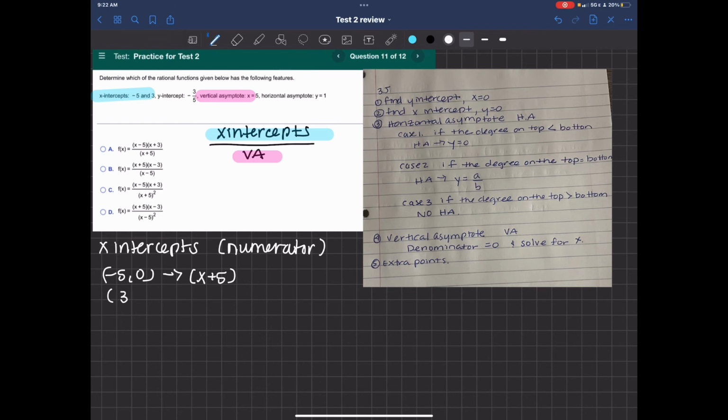Next one is x is 3, 0. So that means I get x minus 3. So in my numerator for f of x, I have x plus 5, x minus 3.